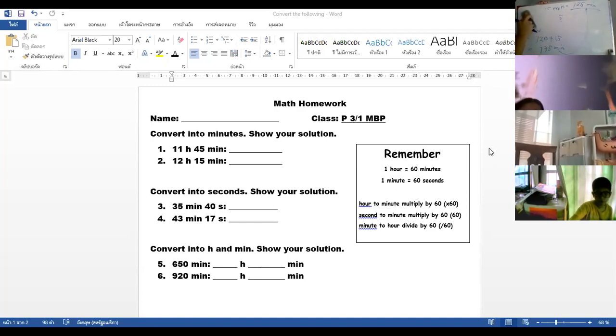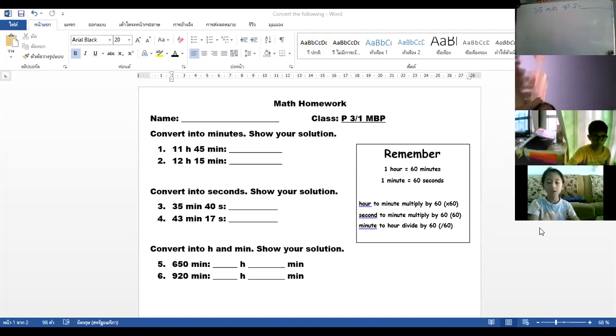Number 3 is convert into seconds. So number 3 is 35 minutes and 40 seconds. Alpha, how many seconds in 35 minutes and 40 seconds? 2,140 seconds. Can you speak louder, please?